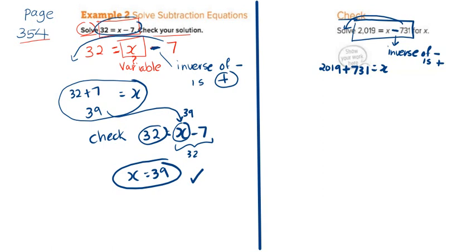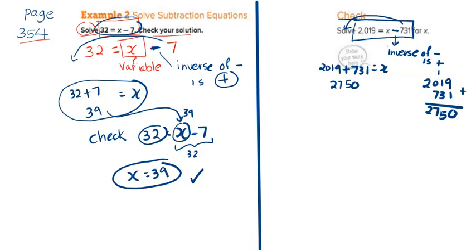So you can do a long addition, 2019 plus 731. This will give us 2,750.